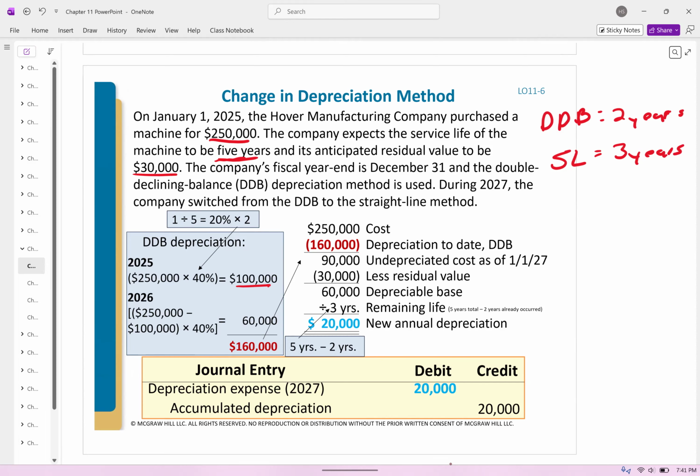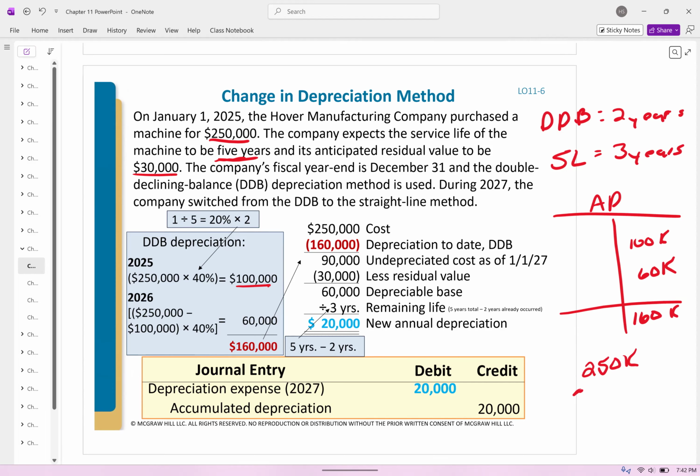So that accumulated depreciation account, I'm going to draw that T account out. It had 100K in it and 60K. That had 160,000 in the accumulated depreciation. So 250 minus the 160 gives us 90,000 as our new book value.